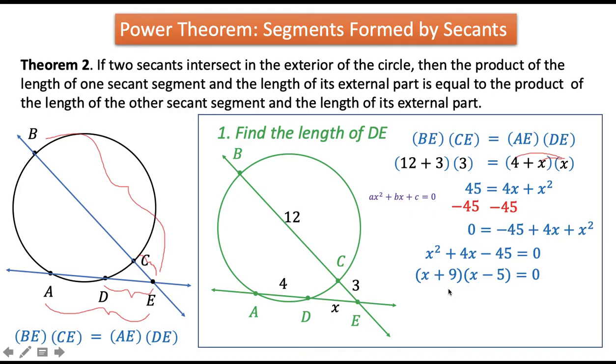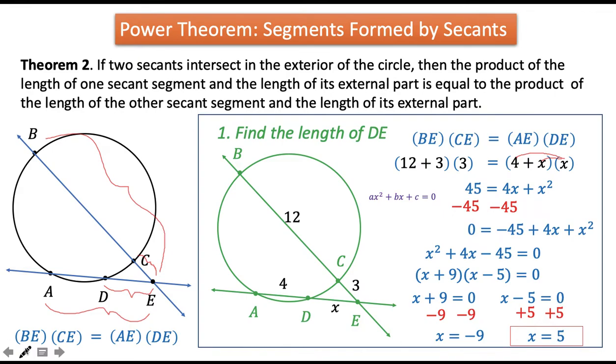From here, we equate each factor to 0. So x plus 9 equals 0, x minus 5 equals 0, then solve. To solve for x, add negative 9 to each side of the equation so x is left. 0 minus 9 is negative 9. On the right side, add 5 to each side so x is isolated. 0 plus 5 is 5.